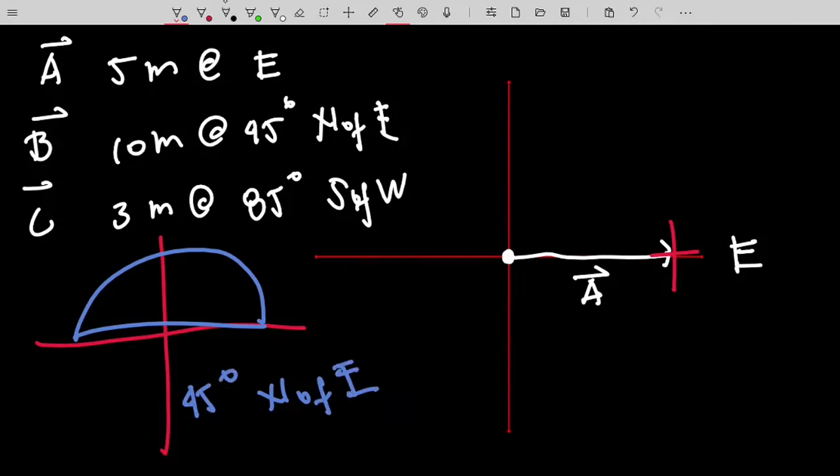Starting from your east, you are going to count 45 degrees to north. So you count like this until you get the 45 degrees. And that's how you do it.